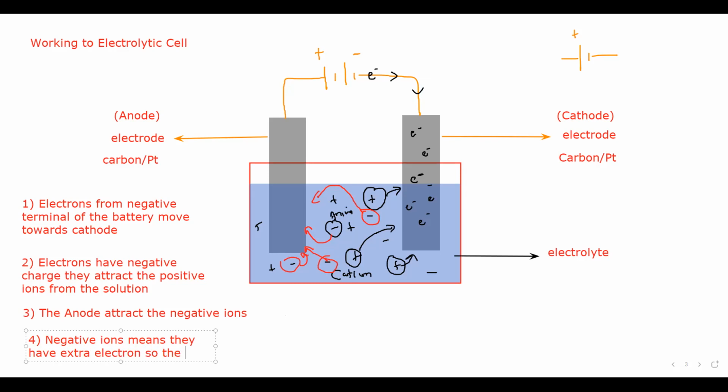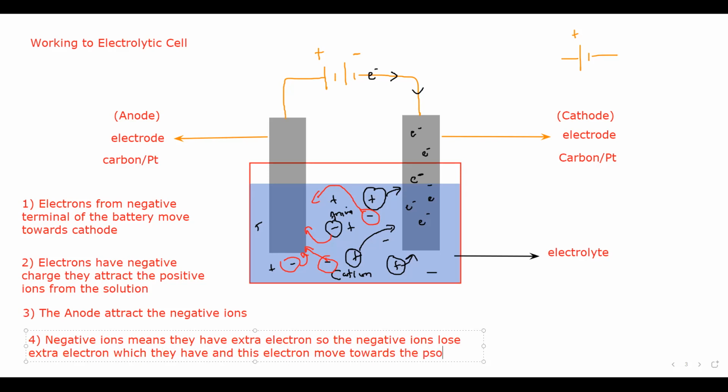So the negative ion will lose the extra electron which it has, and this electron moves towards the positive terminal of the battery, or you can say the cell.